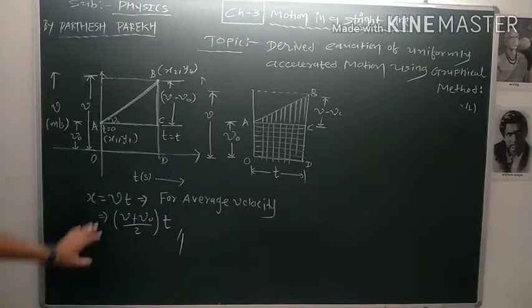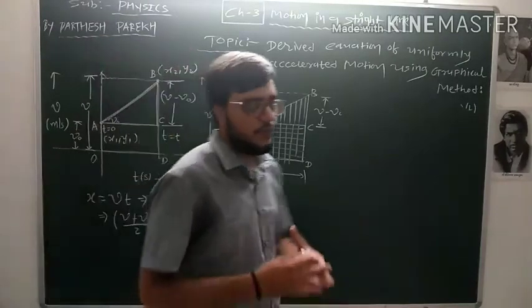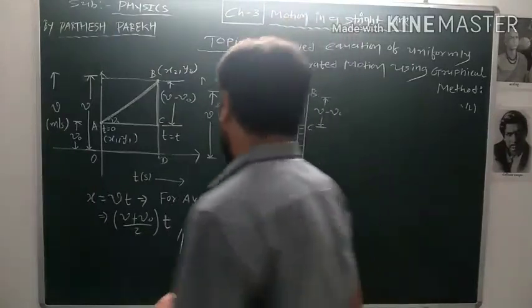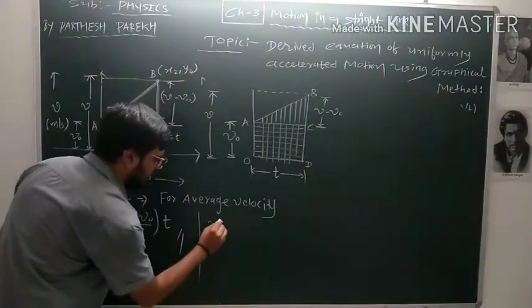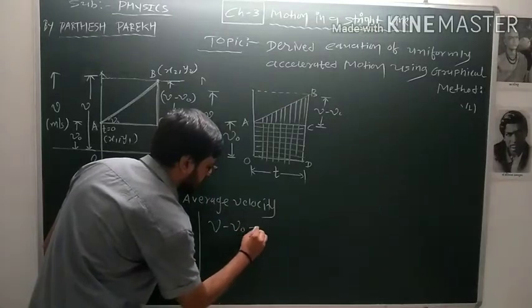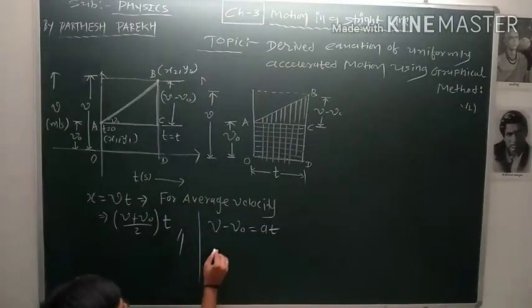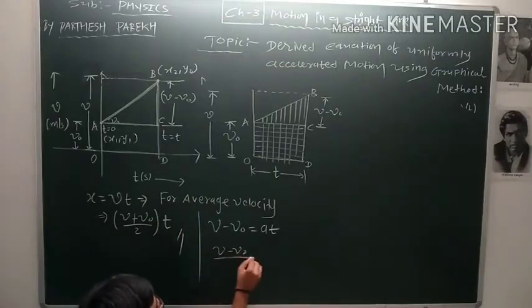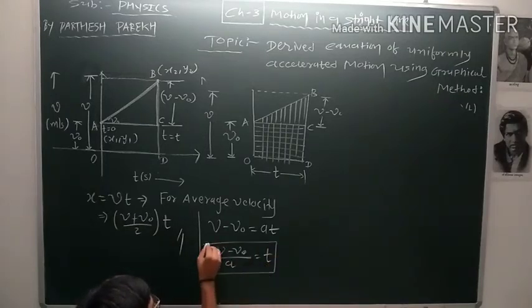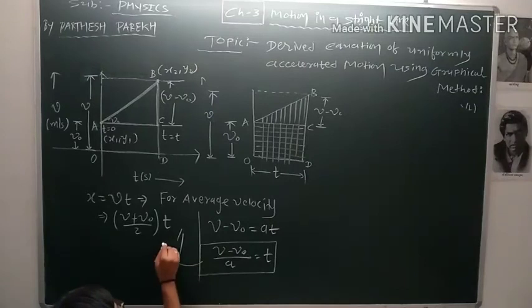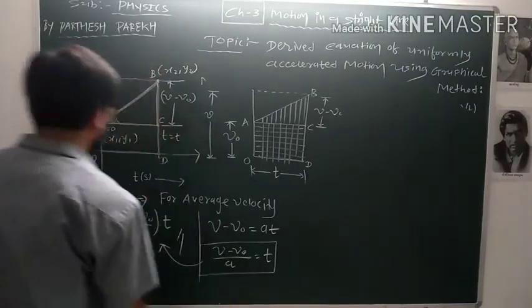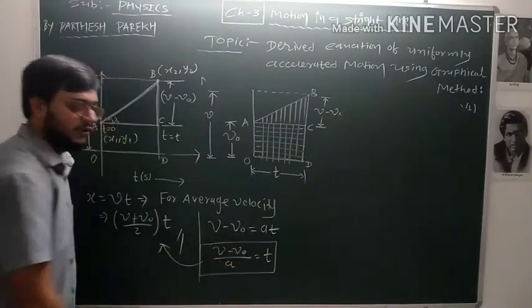Now from the first equation of motion, v minus v naught is equal to at, so t is equal to v minus v naught by a.